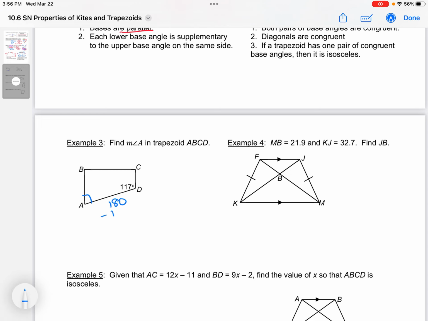So we have 180 minus 117. Okay, so that's going to be 63.